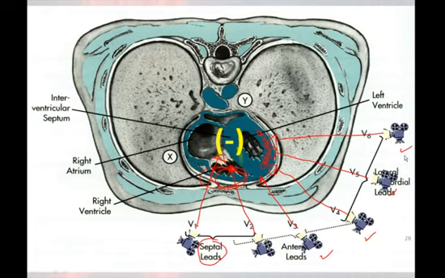Now, if you look at these little dotted lines, these little brackets, what this basically means is that V2 will not only look at the septal leads, that's what it's primarily looking at, but V2 has a little bit of an anterior view of the heart as well. So you could see changes in V3 and V4, but you might actually see changes in V2 as well. That might not necessarily mean that there is a septal problem.